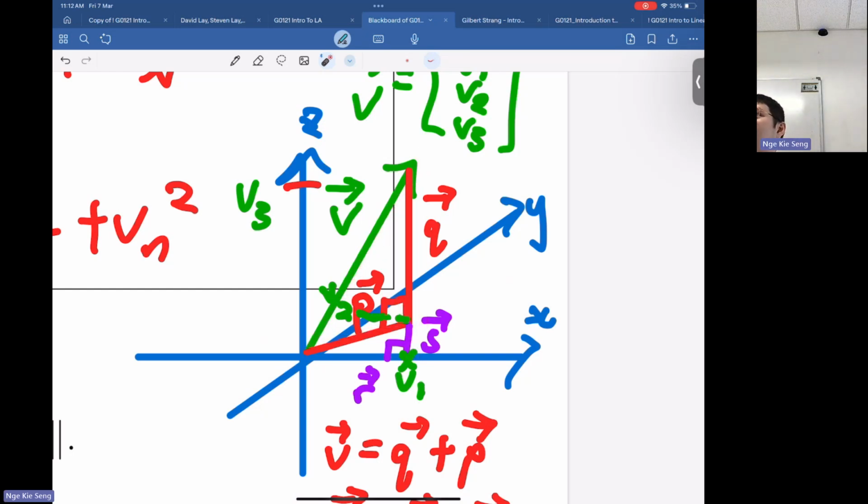Orthogonal projection. Okay? Any question? No question? If no question, I think we will come back to orthogonal projection again. So let's break until 11:25 and then prepare for the quiz.